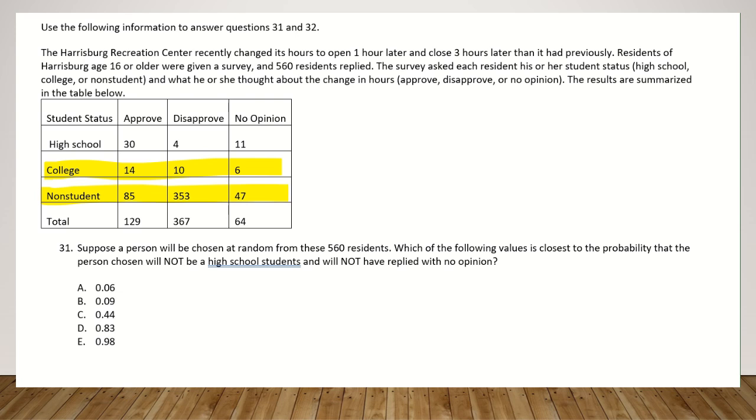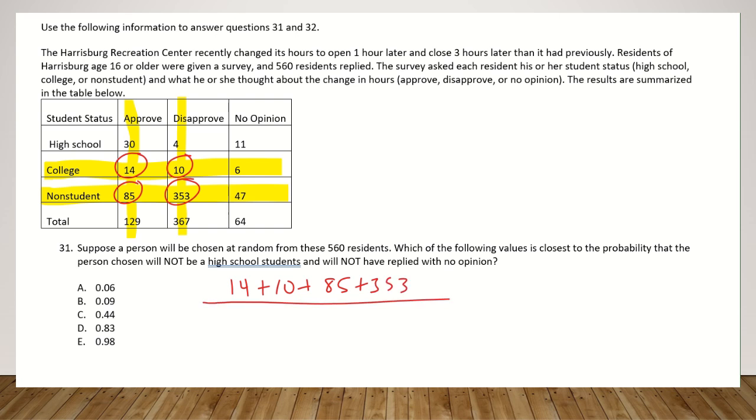Next, not replying with no opinion. That means everything but no opinion. That means approve and disapprove. So where our lines intersect, that's what we're looking at. These 4 little values there. Okay? So 14, 10, 85, and 353 out of the total 560 residents.